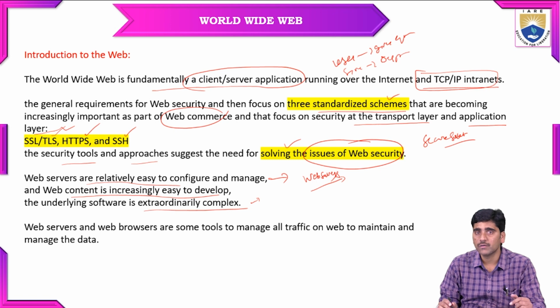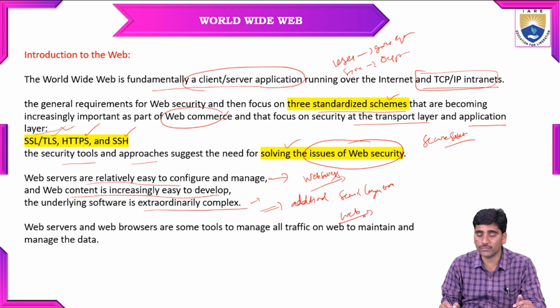Because web content is easy to develop in day-to-day life, a lot of web data is available, and managing all of it is very complex. To keep all the data secure, we have to provide an additional layer of security for the web.